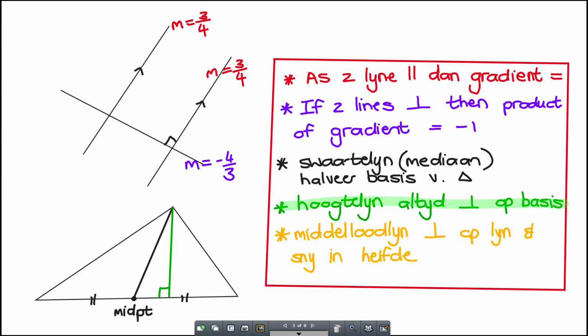Hy is altyd loodreg op die basis, né? So Afrikaanse mense skryf net vir jou by nommer 4 dat dit 'n hoogtelyn is. And then because we know that it must be perpendicular, dan moet jy mos gaan kyk na die gradiënte, né? So daar's 'n ekstra stapie daar. Is julle reg? Good.